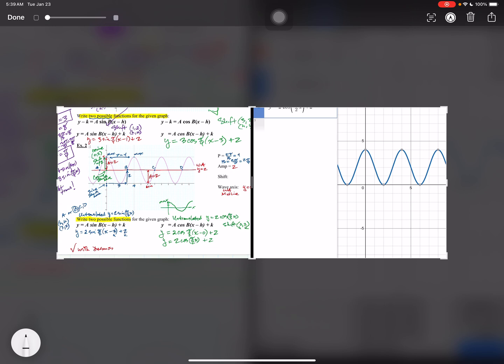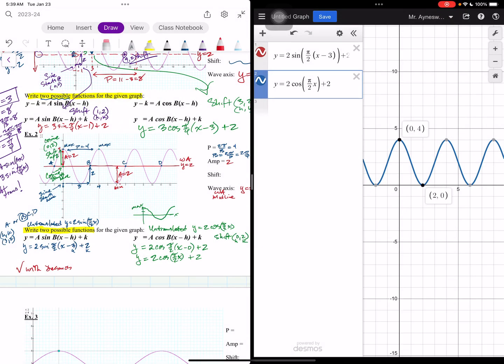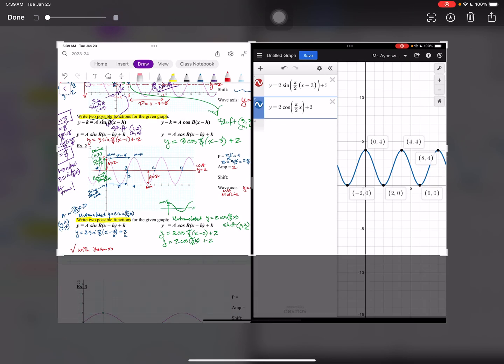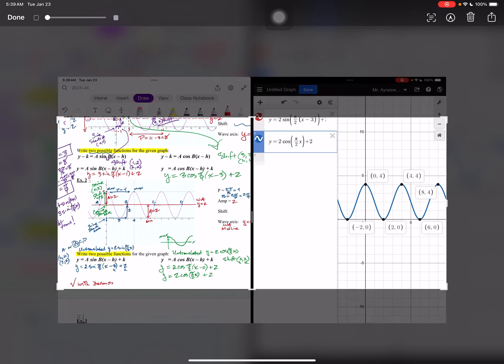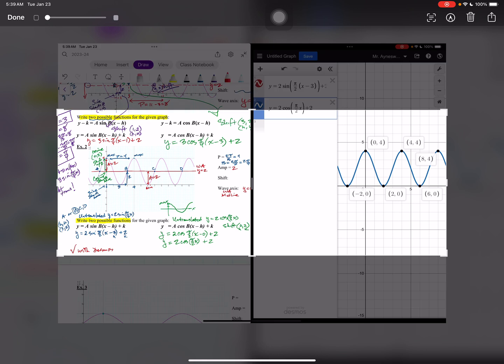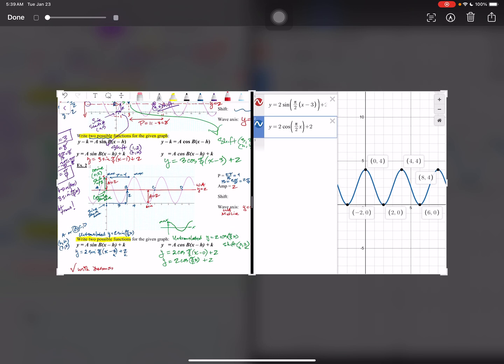Oh, you know what I want to do? Let me delete that. Okay, we want the points here so you can see. All right, so I got the points in here, and then you screenshot it, and then you bring it in because now we have points. We can see that it's actually the same function. Okay. Oh, I need this right here. There you go. All right, and then let's bring this in.